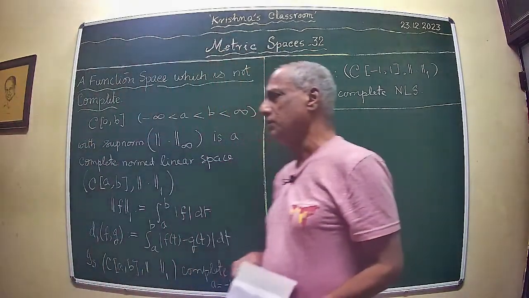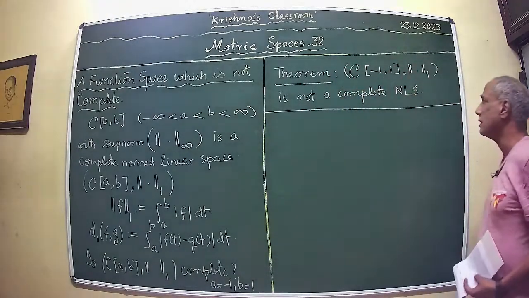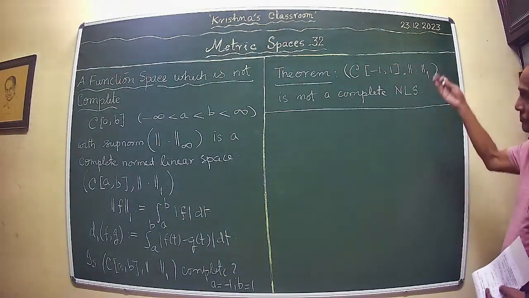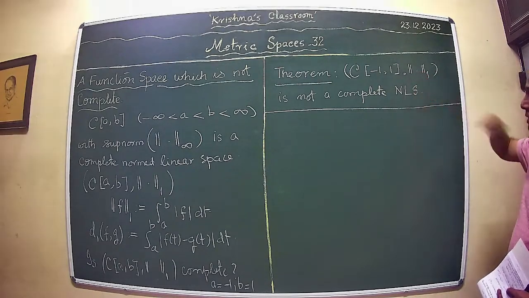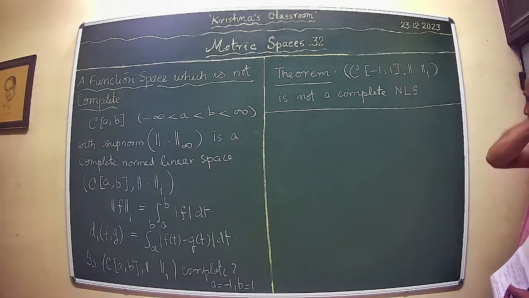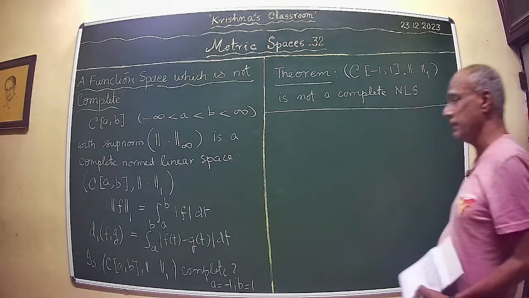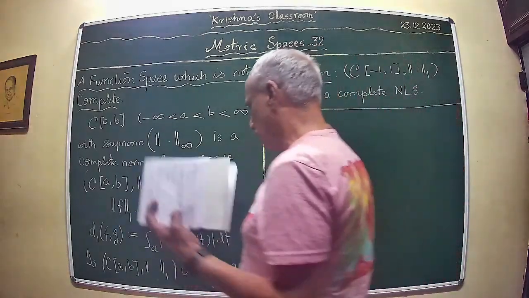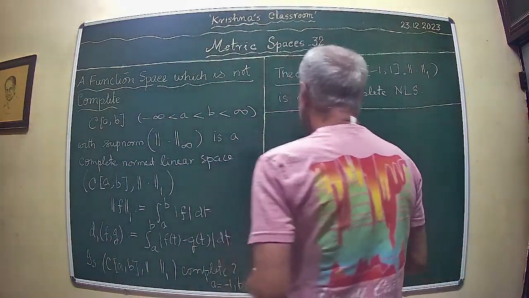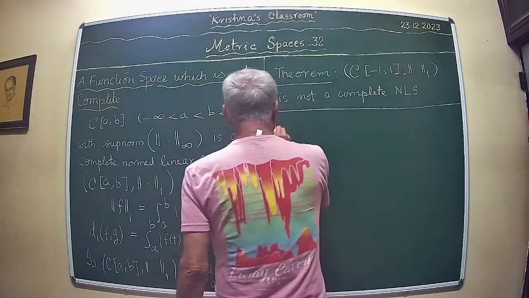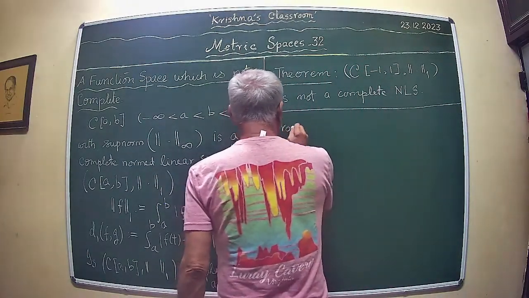So you can easily use this theorem to prove that C[a,b] with the norm 1 is not a complete normed linear space. So we'll prove this theorem.